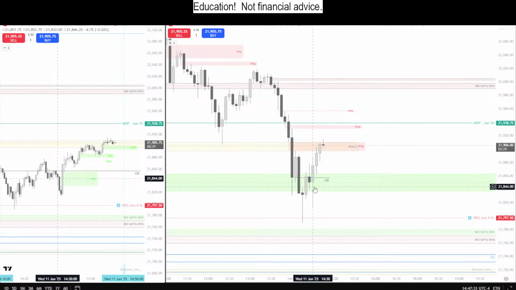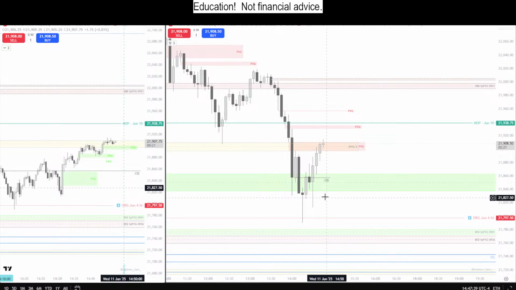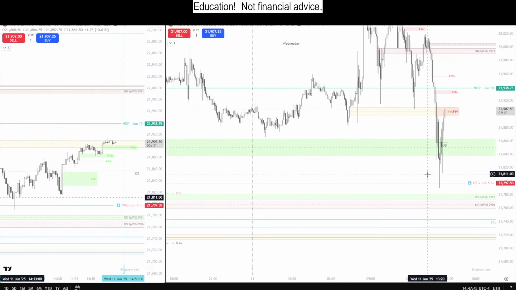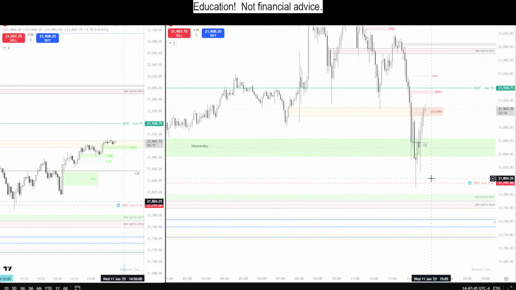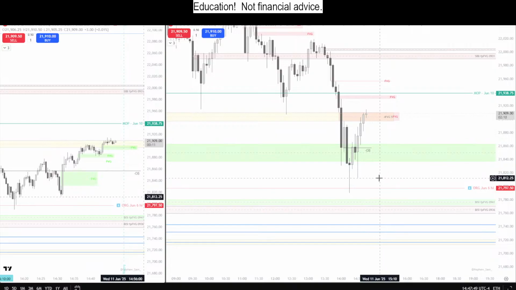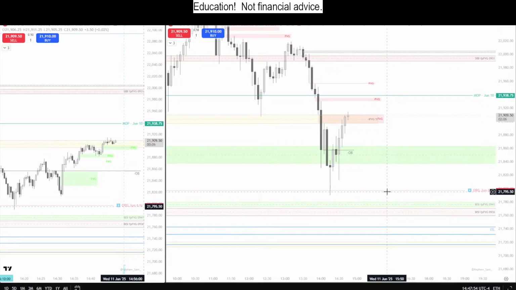I got short at the worst possible time, pretty much near the bottom, because I didn't want to wait, so I switched from 5 minutes to a lower time frame. I was afraid I'd lose the move if I let it go, which was a mistake. So I dropped to the 1 minute. Based on the 1 minute, I justified it, but it didn't justify. Even the 2-minute didn't justify, as we just saw.